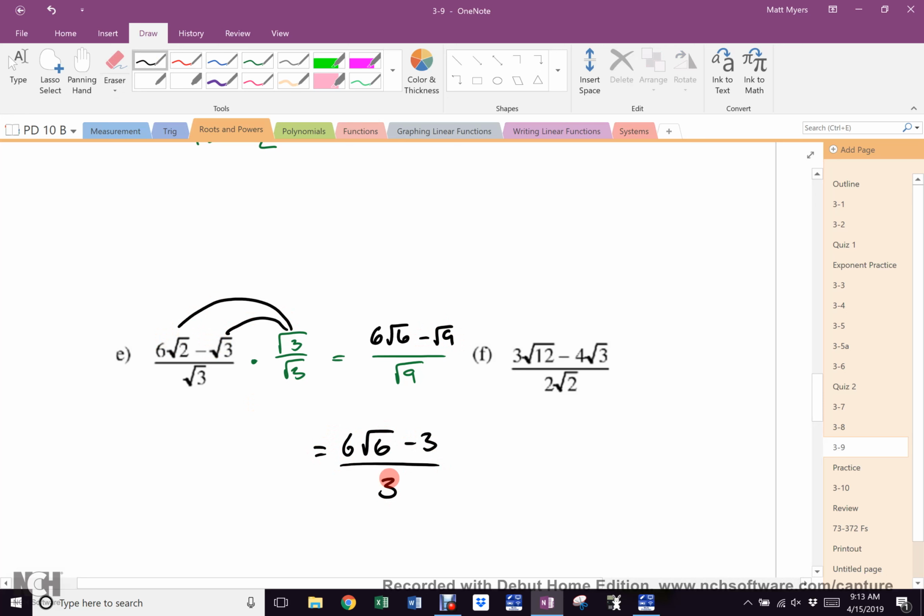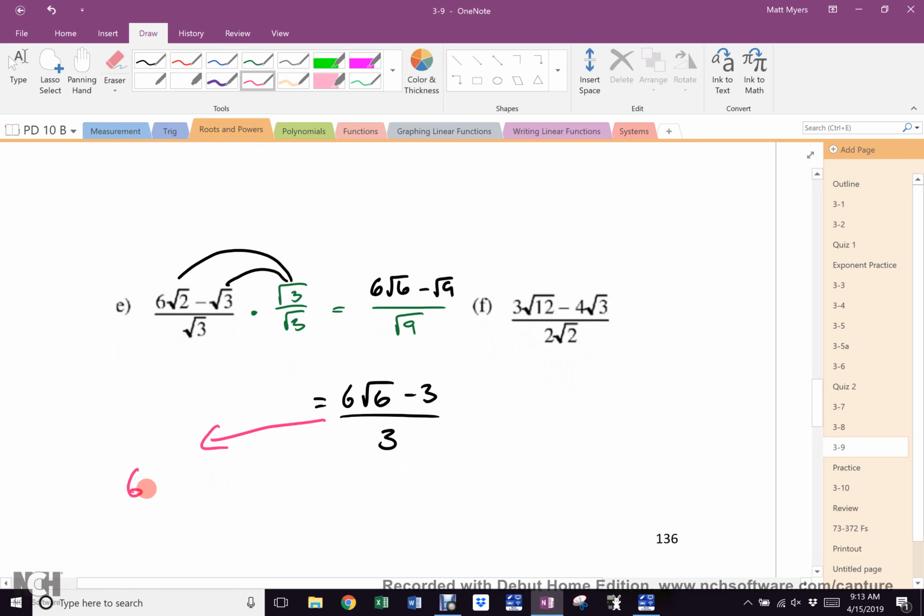Now some of you are going to say, oh, I'm going to cancel. Can you? No, because this is a binomial. Everybody cool? But some of you will then say, but Mr. Myers, isn't that 6 root 6 over 3 minus 3 over 3? Yes.